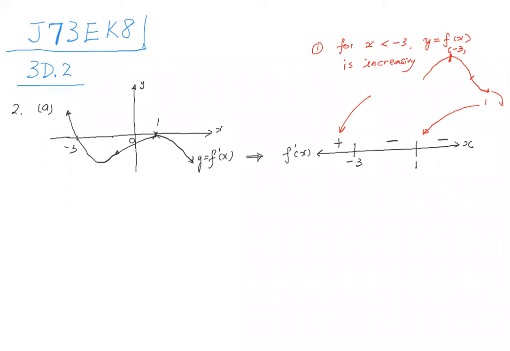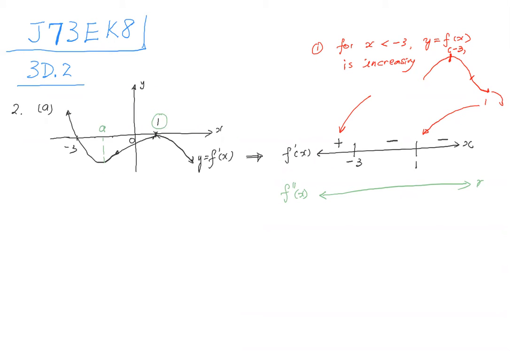I'm going to produce the sign diagram for f double prime x. Based on the f prime x graph, there are two turning points here. I name this A and this one is 1.